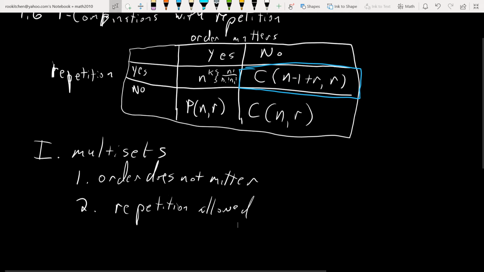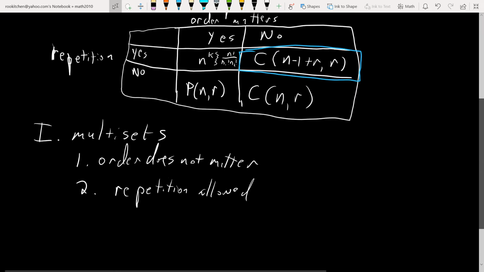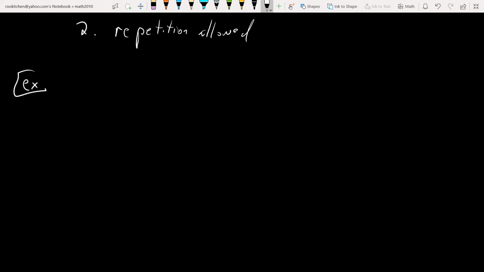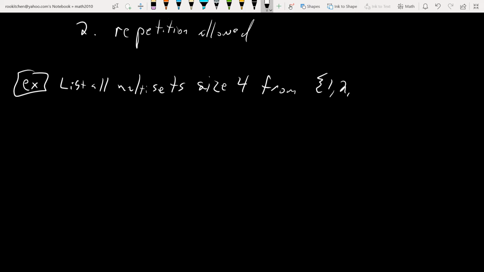Okay, so in particular then, let's look at an example to help us along. This is one of the examples in the book. What we need to do is list all the multi-sets of size 4 from the given set 1, 2, 3, 4.